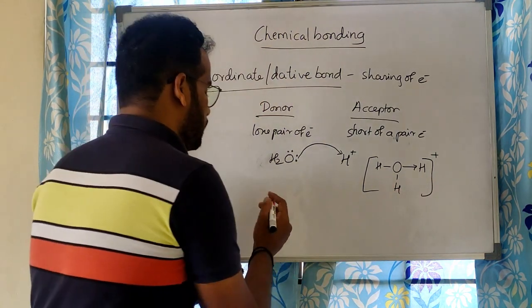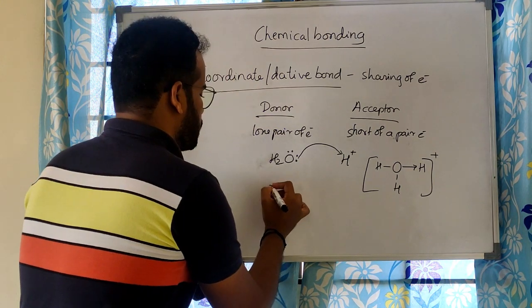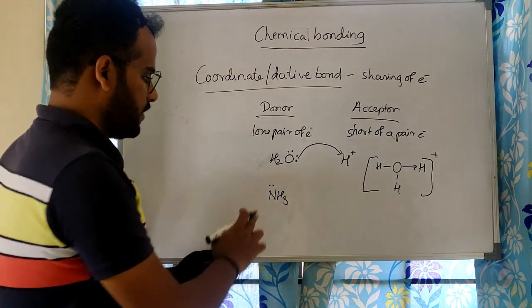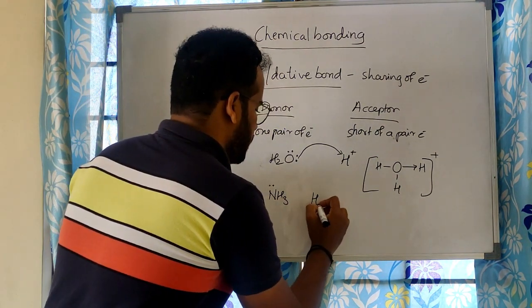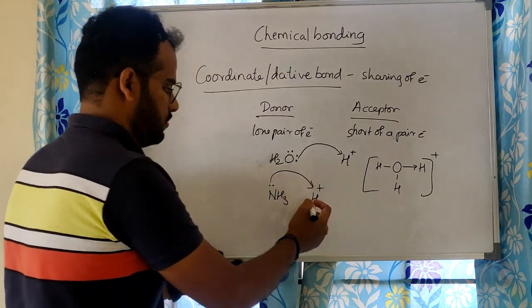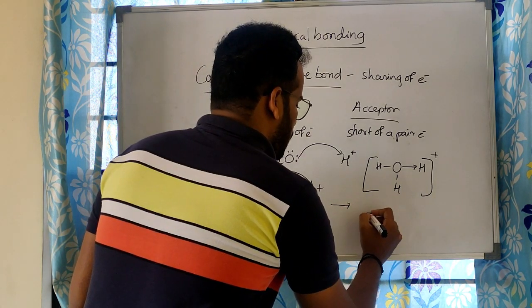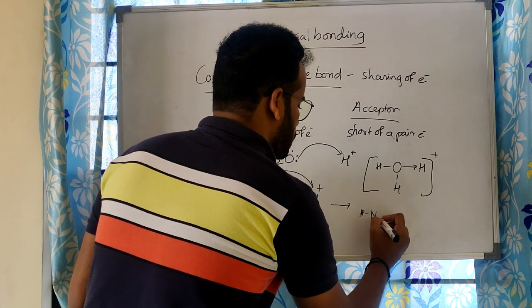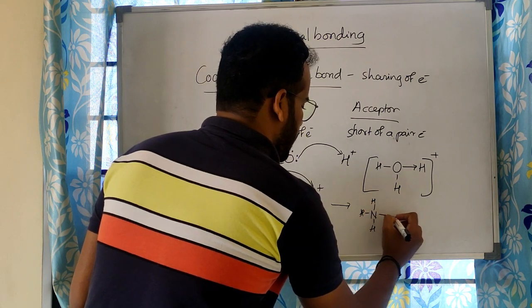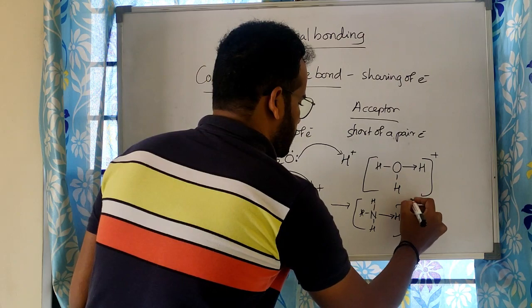One more example, ammonia, where nitrogen has a lone pair of electrons. Again you take the H plus, and the nitrogen will give both of its electrons to H plus. So what you will get here is N H H H, and one arrow mark you have to write like this, and plus.